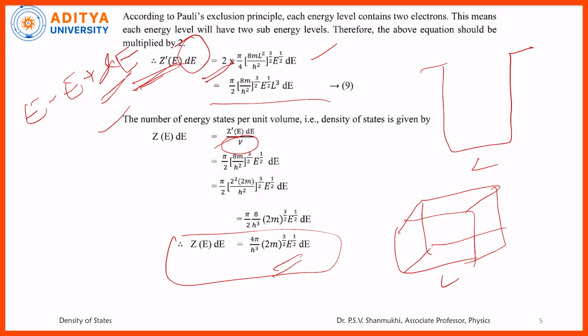In general, we take this as the kinetic energy also. Only the free electrons are having only the kinetic energy. This is the expression for the density of available energy states in the energy range E to E plus dE or in the energy range dE.